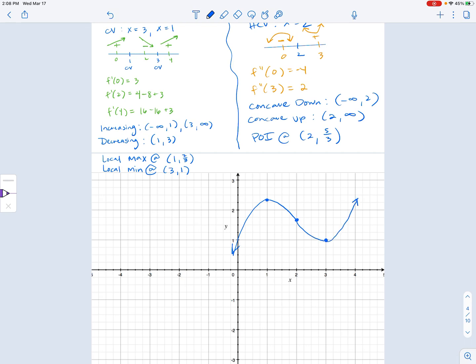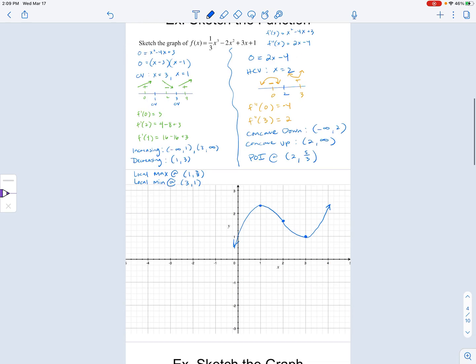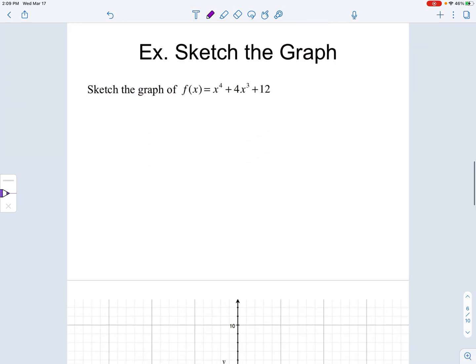But knowing the point of inflection, I know where that concavity is going to change to concave up. And then 3, 1 being a local minimum. So that would be a sketch of the graph of this polynomial function, just kind of putting all that information together.